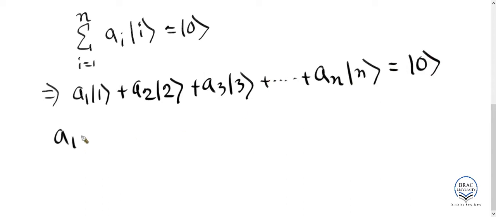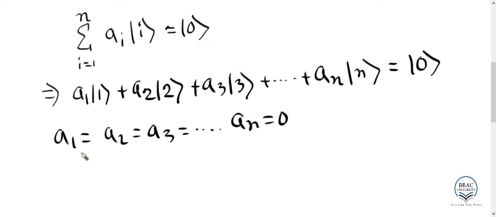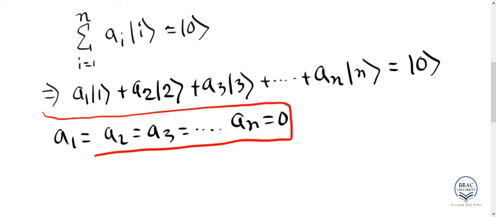And if all of this, a1 equals a2 equals a3 equals an equals 0, this is the condition we are calling the trivial case.